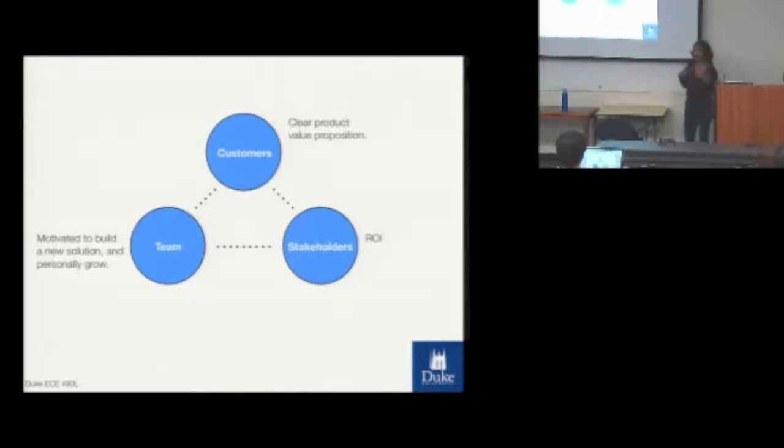Are they going to be personally invested in building infrastructure that might not be that exciting to them initially, but it's got to get done, right? And then the third is for the stakeholders, whether you have investment or whether it's yourself or whomever, what's the ROI that they're getting in terms of this first product, the MVP you're putting out?